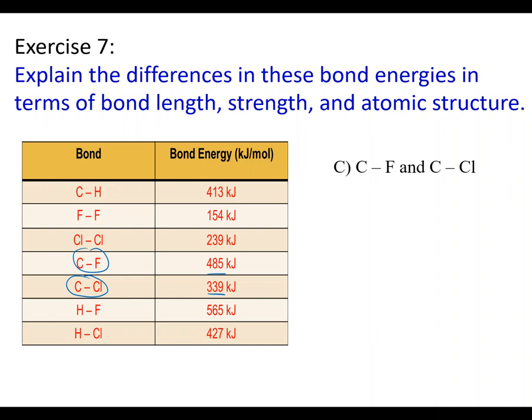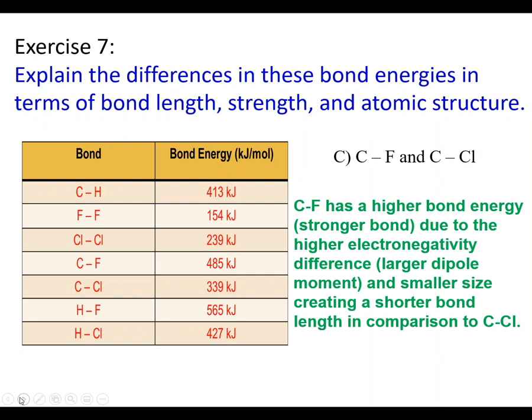So both of those together are creating the stronger bond for C-F and the higher bond energy numerical value. That would be the definite argument I would go to here when we're talking about this one.